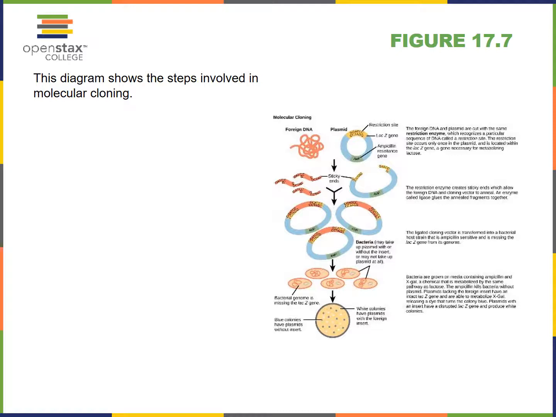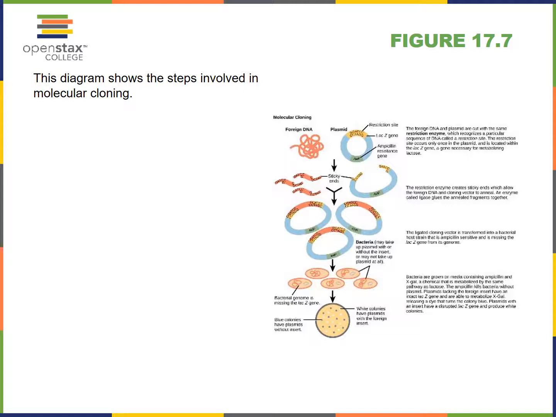So how would we get a bacteria to make human insulin? Well, bacteria, we've talked about them quite a bit. They have a single circular chromosome, but I've also mentioned at least once that sometimes they have these little circular pieces of DNA called plasmids. And bacteria will carry around plasmids that are beneficial to them.